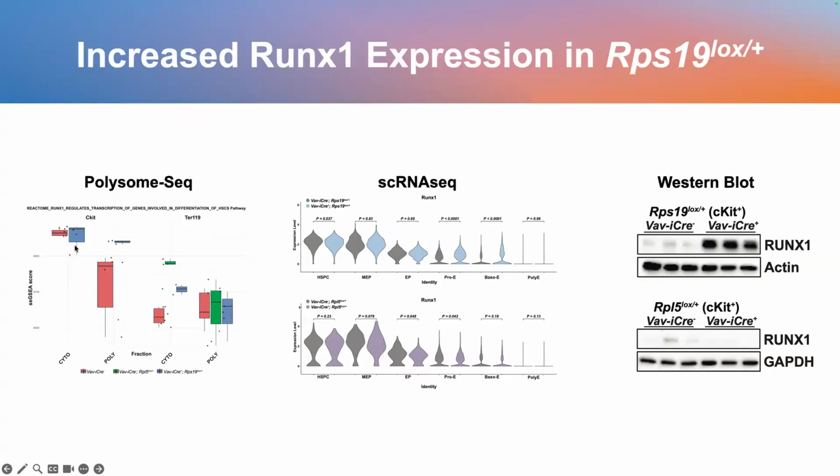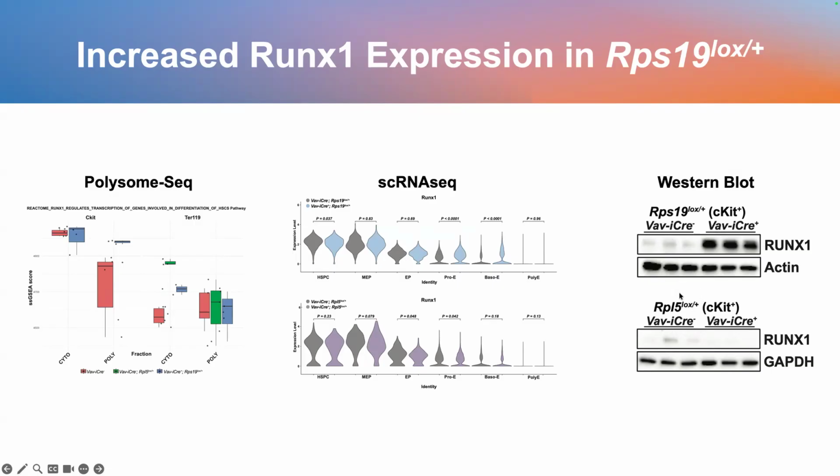The pathway wasn't changed at the transcription level. It was changed at the translation level, sorry. And then we looked by Western in the c-kit population compared to the controls. While in the RPL5, there was no change at all.